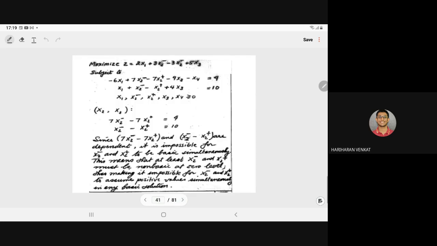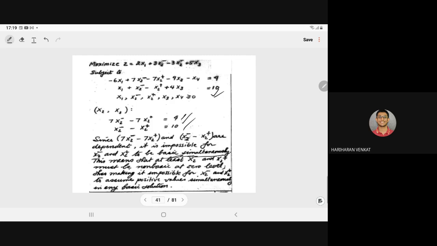So here we have converted into equation form. If we assume x1 x3 x4 as the non-basic variables, since 7x2 minus 7x2 plus and x2 minus x2 plus are dependent, it is impossible for x2 minus and x2 plus to be basic simultaneously.